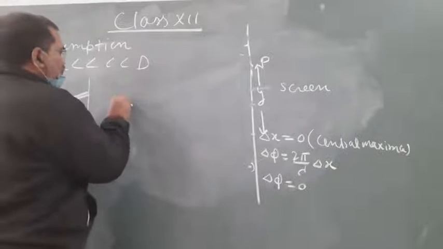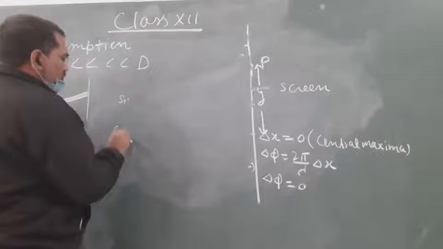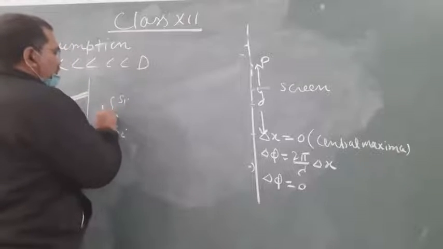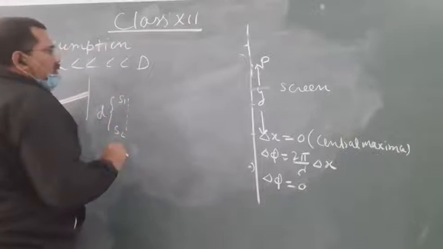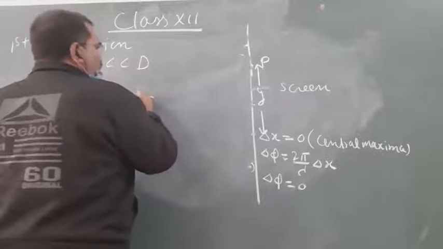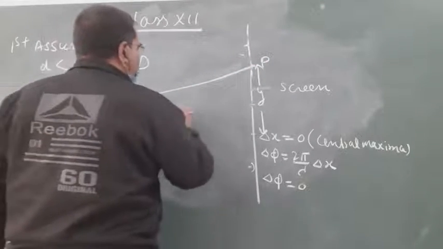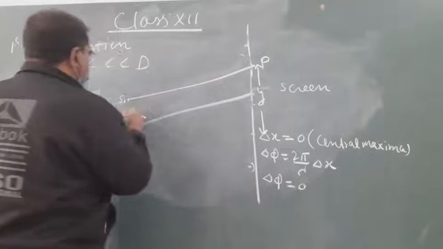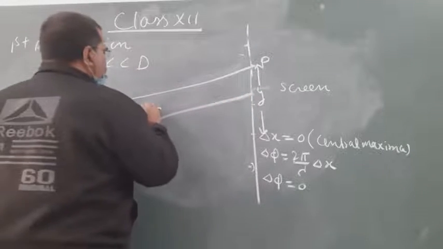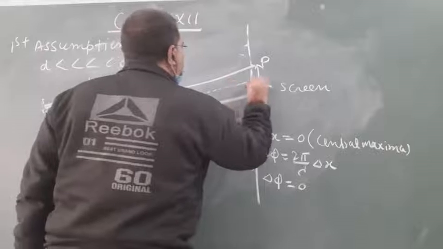This is S1, this is S2, and this is D. So the rays almost must be parallel. This is the midpoint, so this ray also must be parallel.